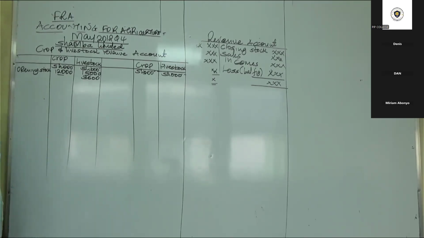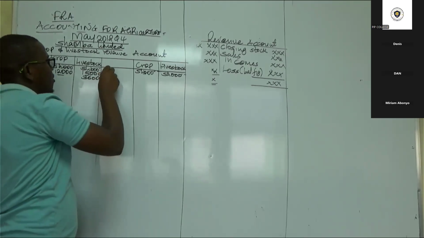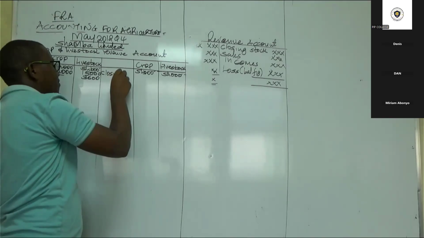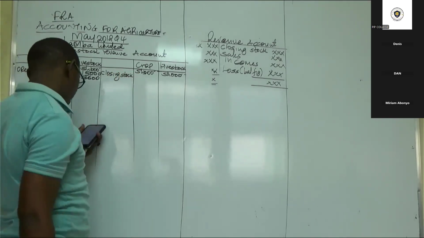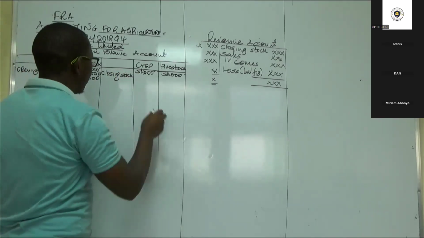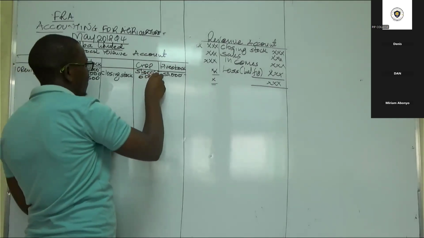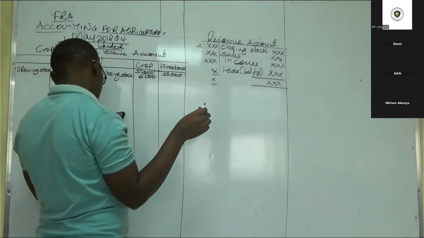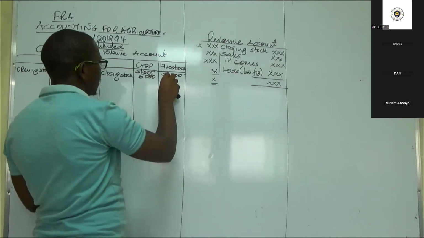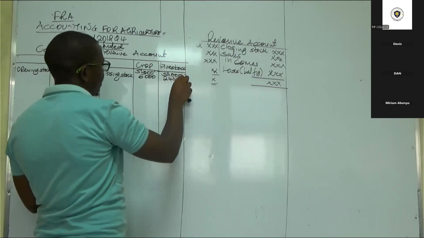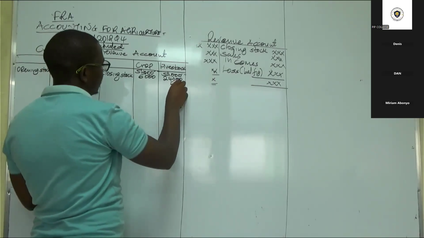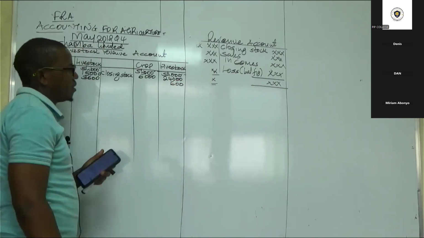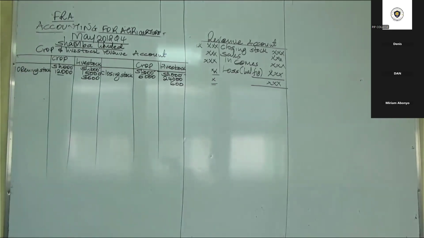We also have the closing stock, which we credit. That is on additional information number 1. This is 6,000. The other one is 24,000 for the livestock, and livestock feeds of 600. That is for the opening and closing stock.